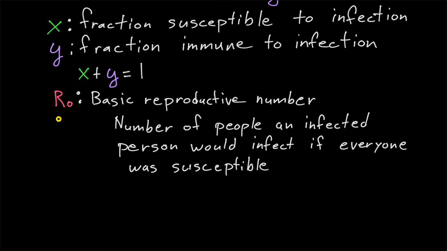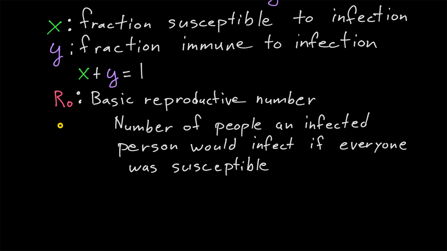That first person spread it to R naught people, and every one of those people spread it to R naught more people. So let's say if R naught for COVID-19 is 2.5 in that population, then that first person spread it to 2.5 other people on average. Now, I'm going to talk about what that 0.5 means in a moment, but let's say that first person spread it to 2.5 other people, and then every one of those people spread it to 2.5 other people, etc., etc. Now, how can a person spread a disease to half a person?